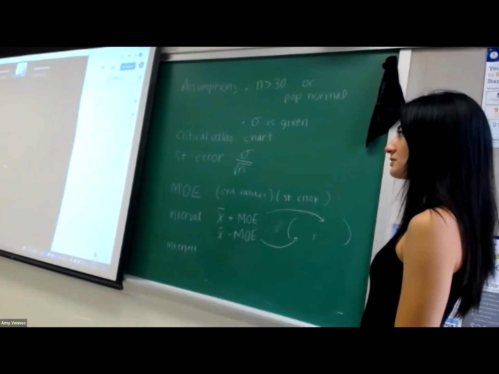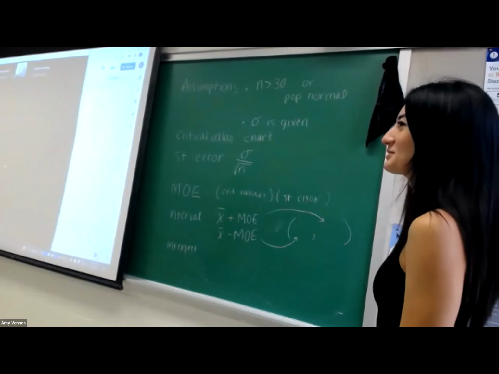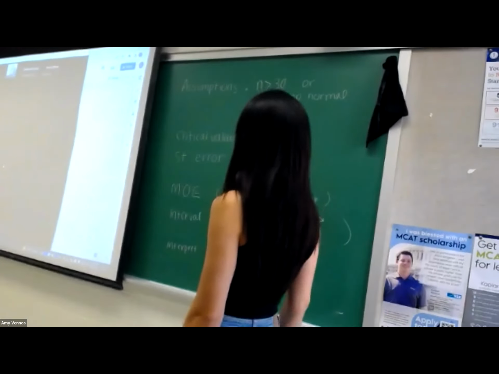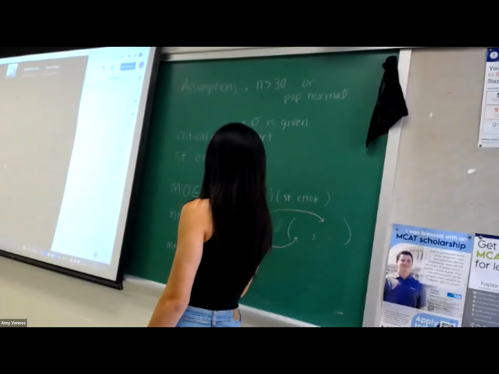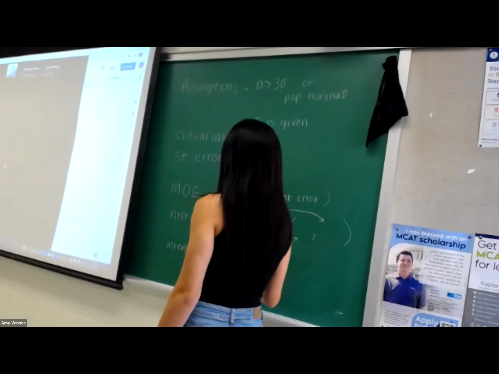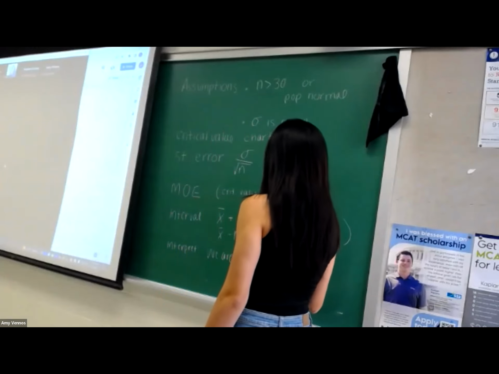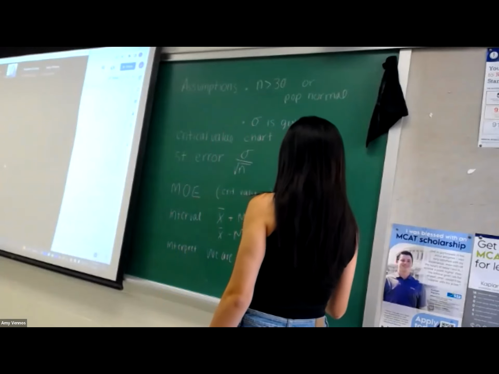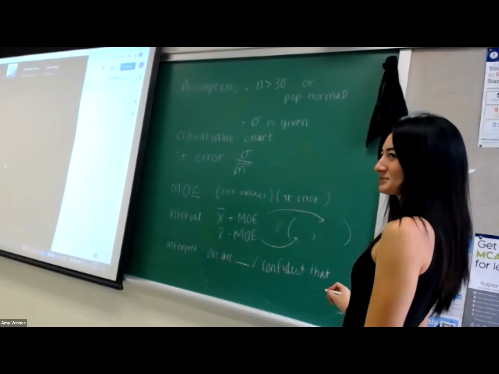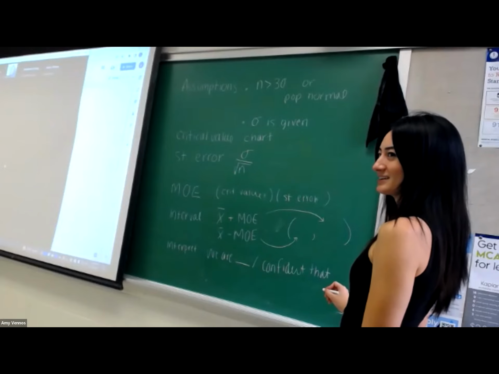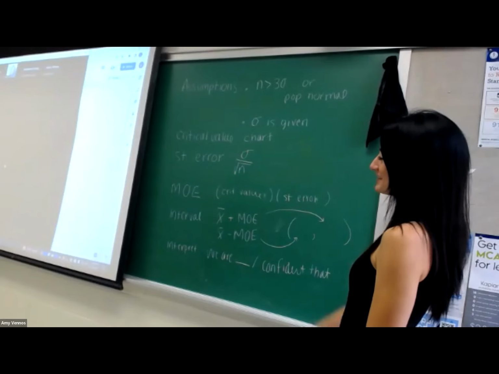Finally, you have to interpret your interval using the correct wording. Does anyone remember the wording for this? Wasn't it, we are blank percent confident that the sample... That's a sample mean. Close. The mean, but what type of mean?